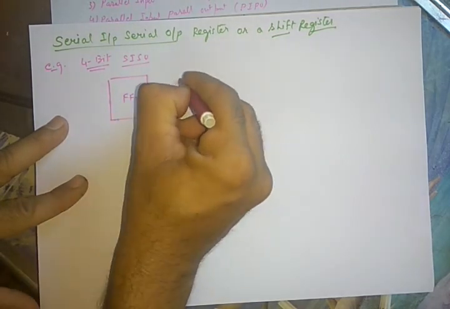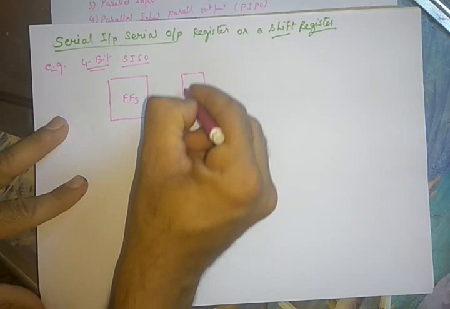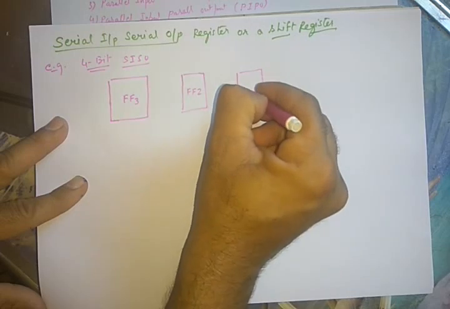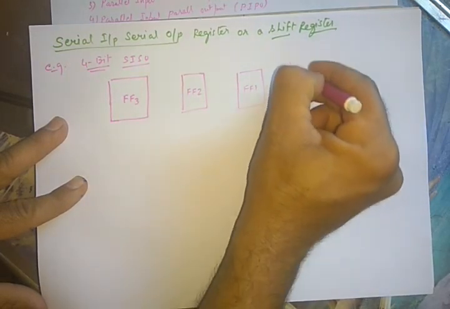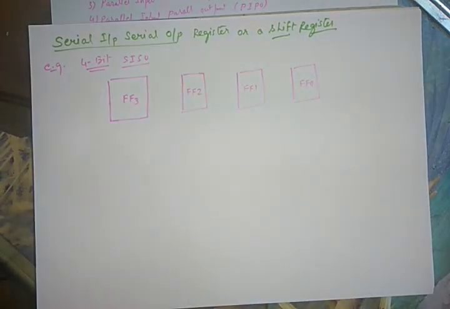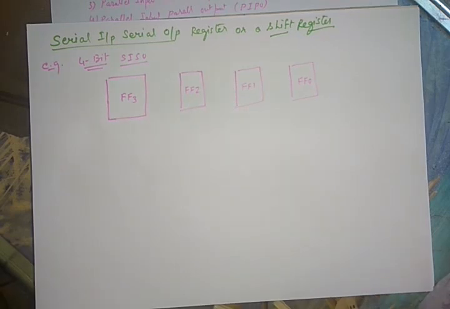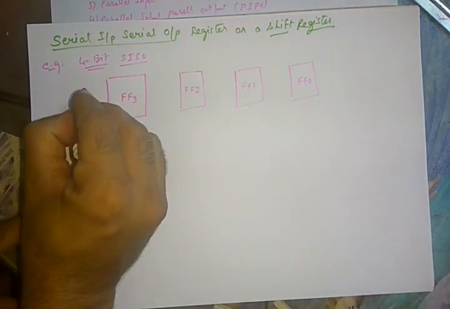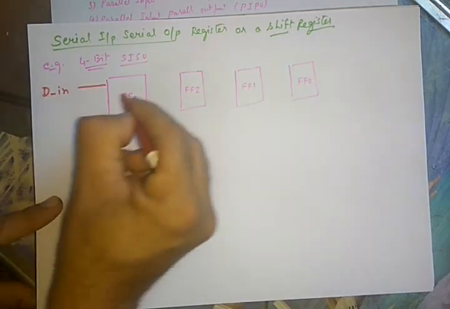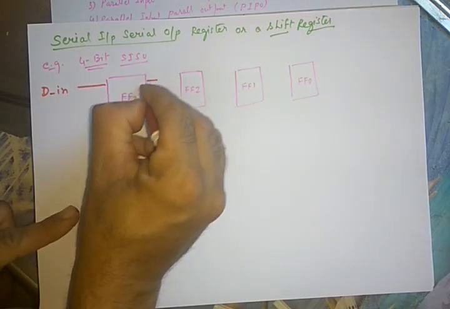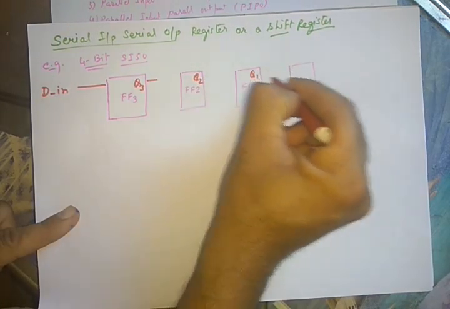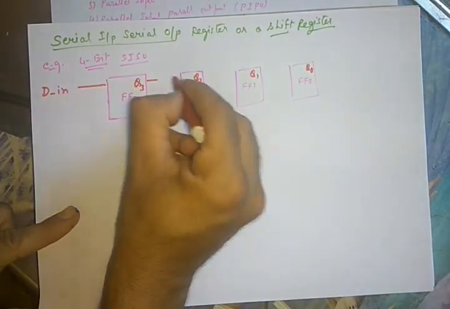This is FF3, this is FF2, this is FF1, this is FF0, and signal lines are drawn with red. This is D underscore N, this is Q3, Q2, Q1, Q0.